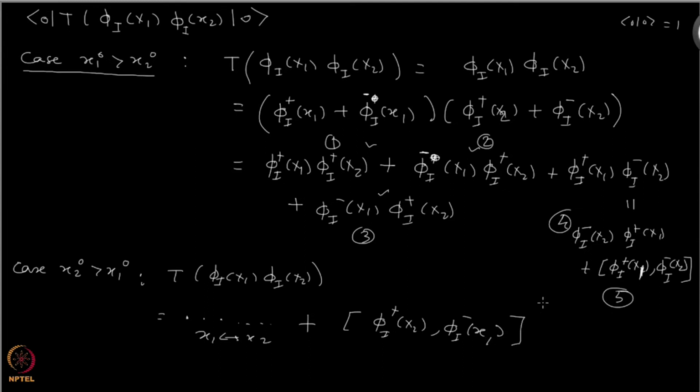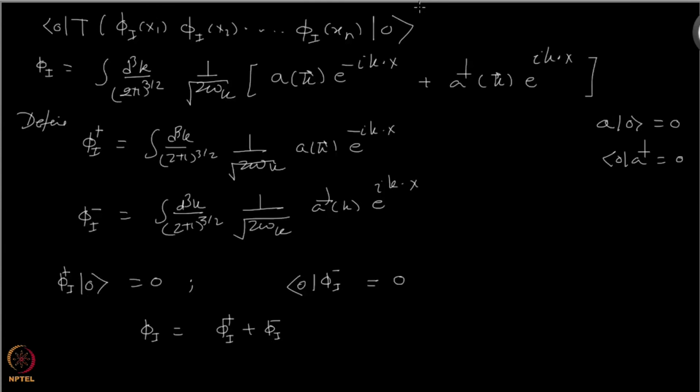Now you see, when I sandwich the time ordered operator between the vacuum, all these four terms will go away because they give 0, and the result will contain only this commutator and that commutator. This commutator is present only when x1 naught is greater than x2 naught, and that commutator is present when x2 naught is greater than x1 naught.